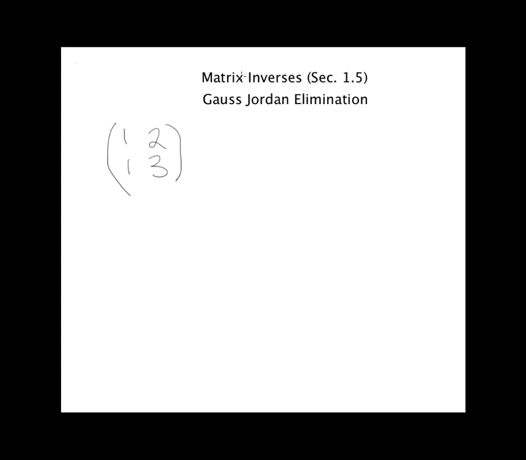Well, the brute force method would be to say, I'm looking for a 2 by 2 matrix, and I don't know what matrix that is, so let's just call it X, Y, Z, and W. I'm trying to find X, Y, Z, and W, which make this true. That's exactly what the inverse is. So that's 4 equations in 4 unknowns.